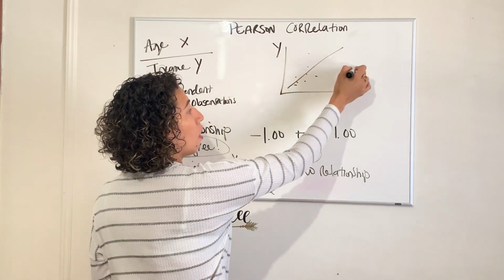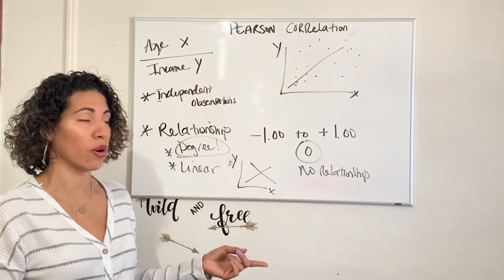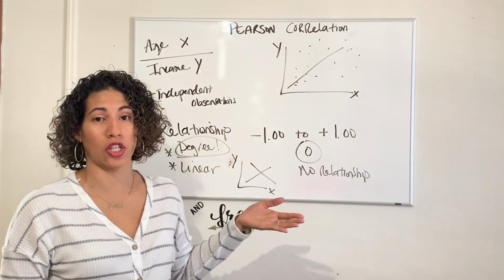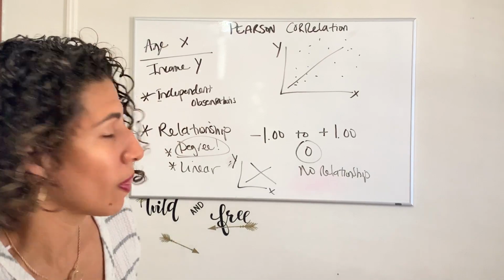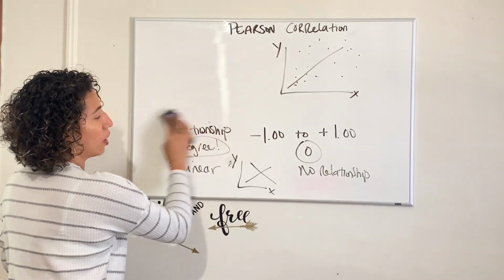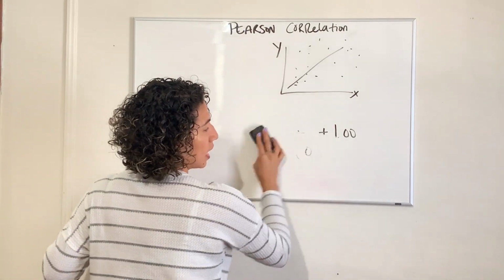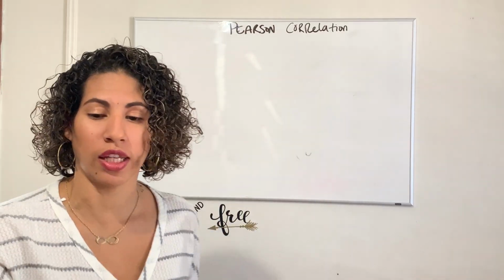The farther apart the dots are from each other, the closer you'll be to 0. So it's actually a visual representation of this, and that representation is really good for measuring the degree and strength of an actual relationship between two variables. Now, how do you actually calculate that relationship mathematically?